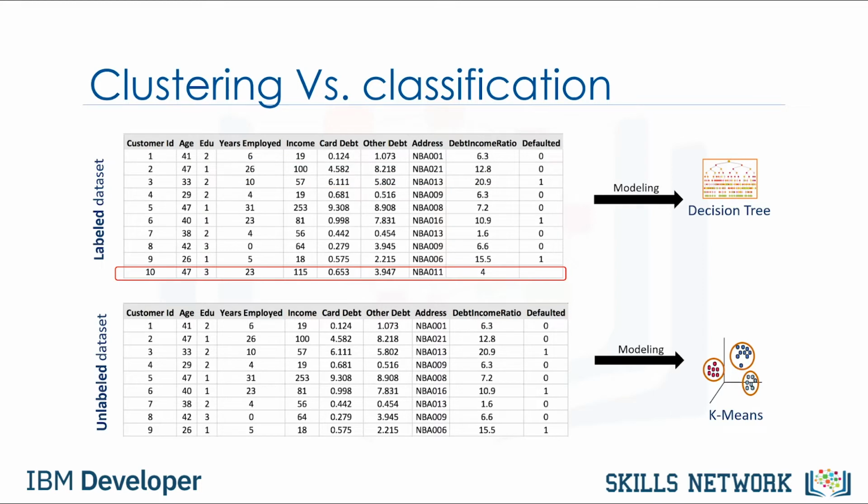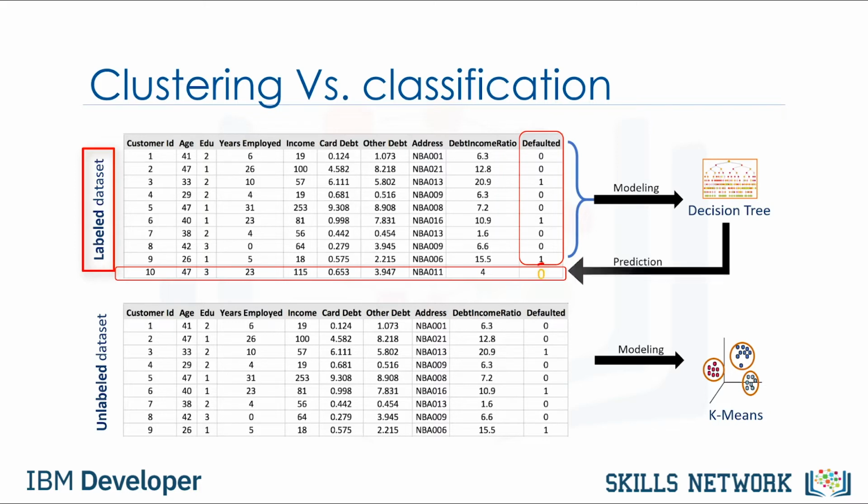For example, if an analyst wants to analyze customer data in order to know which customers might default on their payments, she uses a labeled dataset as training data and uses classification approaches such as a decision tree, support vector machines or SVM, or logistic regression to predict the default value for a new or unknown customer.